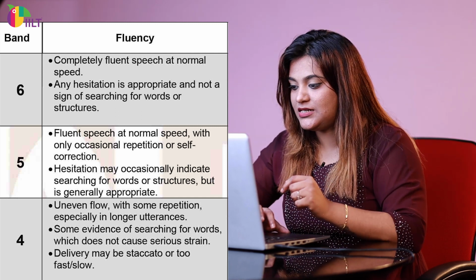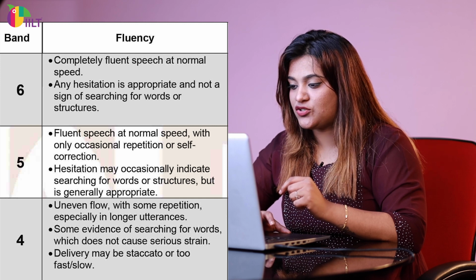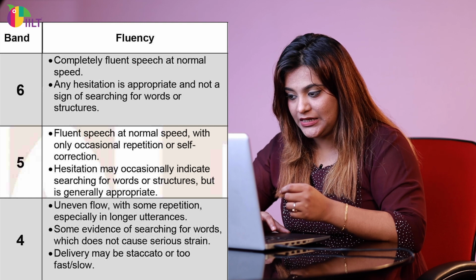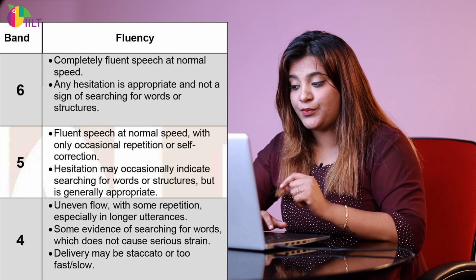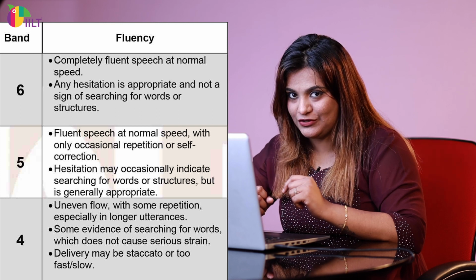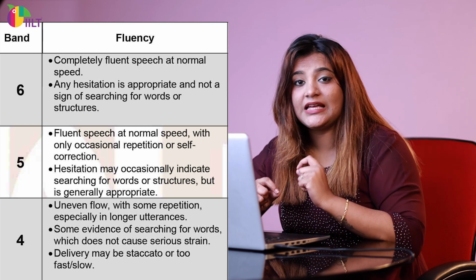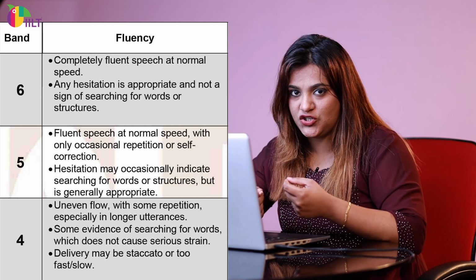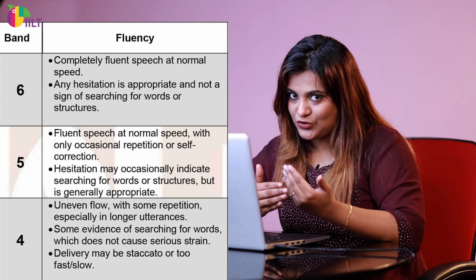In order to get a 6 band score, you need to be completely fluent and your speech needs to be at a normal speed. Any hesitation is appropriate and not a sign of searching for words or structures. That means that if you are very fluent and you're speaking at a very normal rate of speech, not too fast, not too slow, okay?